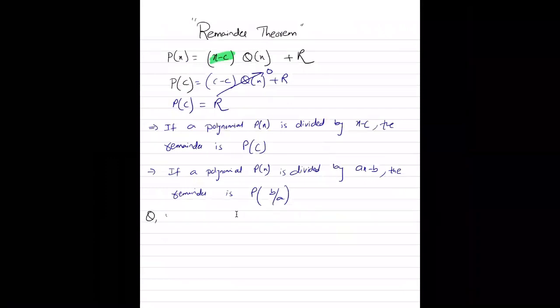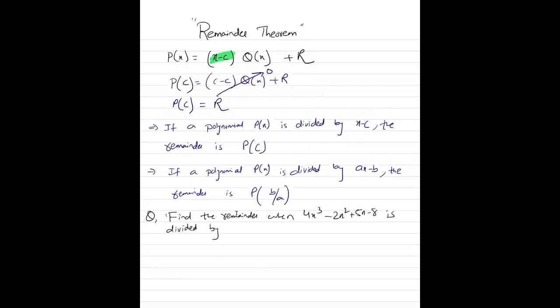So find the remainder when 4x cube minus 2x square plus 5x minus 8 is divided by x plus 1.